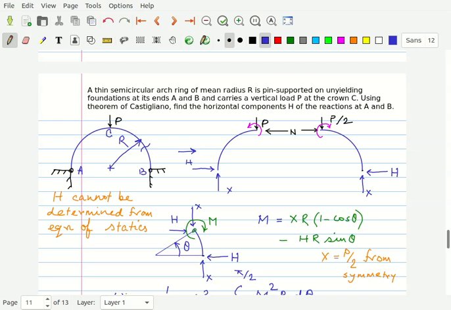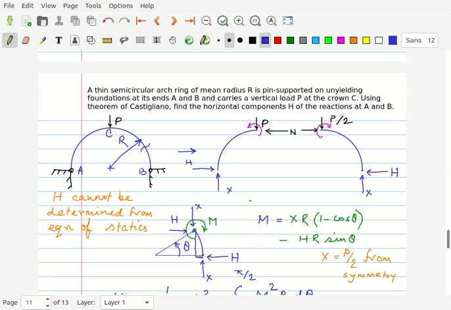But since the point of application is here and here the point of application is this point, so there will be a moment, and if you compute moment about this, m clockwise plus H into R sine theta minus X into R into 1 minus cos theta. So m is X R (1 minus cos theta) minus HR sine theta.